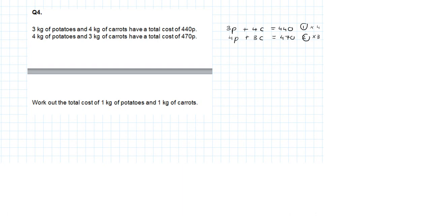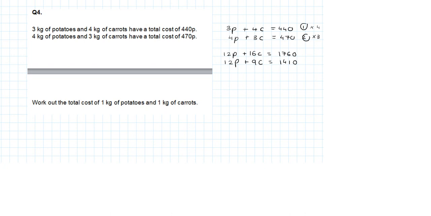So that'll give us 12p plus 16c equals 1760, since 4 times 440 is 1760, and 12p plus 9c equals 1410, since 3 times 470 is 1410.